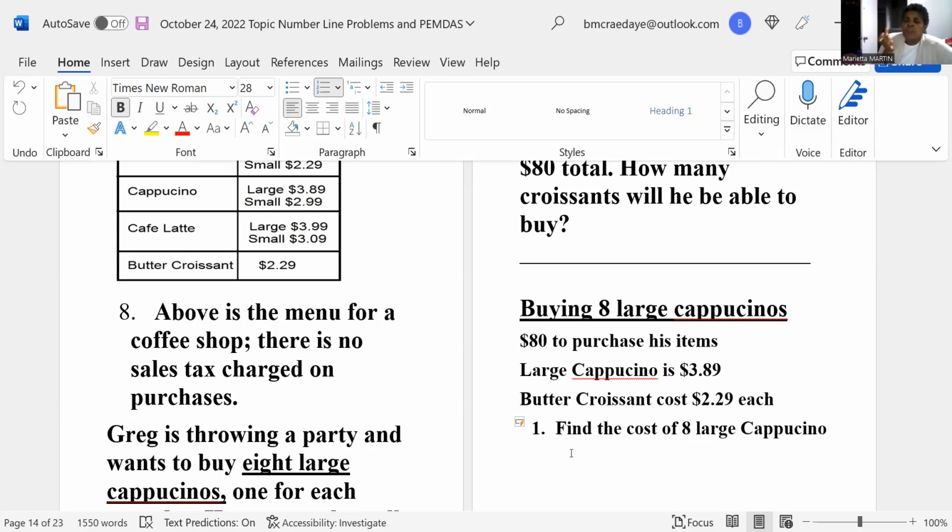To me, you have to subtract the eight and the cost, the 3.89 and the eight cappuccino. You have to subtract? Yeah. Why subtract?